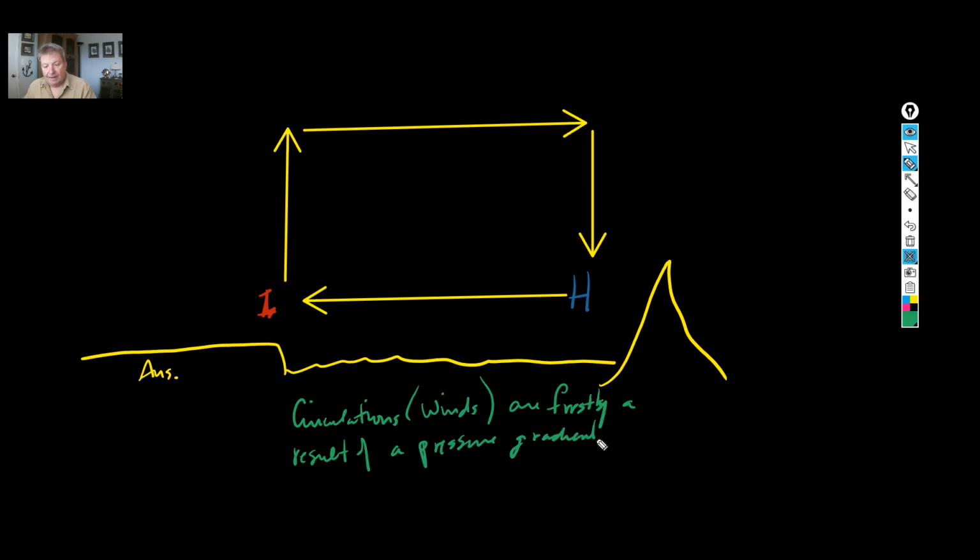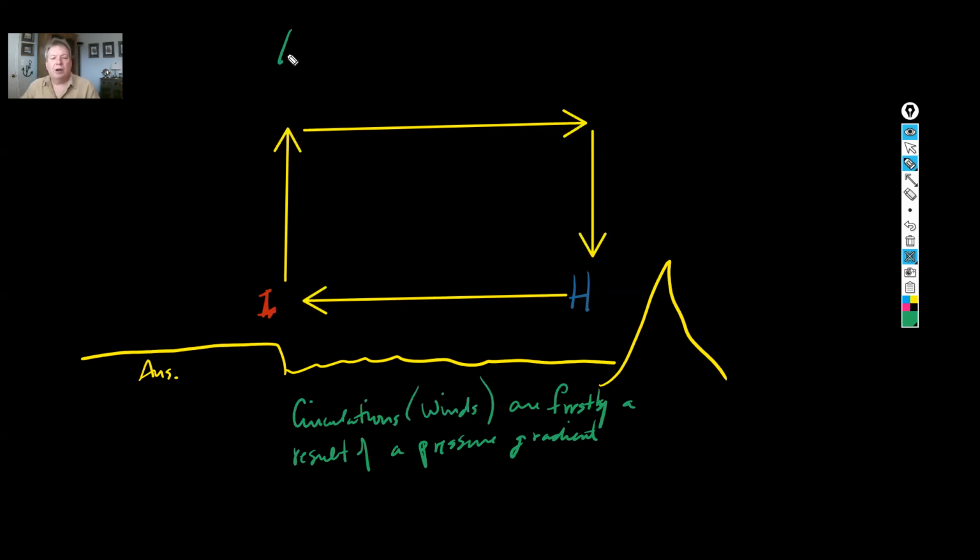Okay? So we have higher pressure here, lower pressure there. This is a pressure difference over a distance. That's what a gradient is. We've talked about this before. This should be something that's fairly clear to you. So the air, generally speaking, wants to go from this region of higher pressure to the lower pressure.